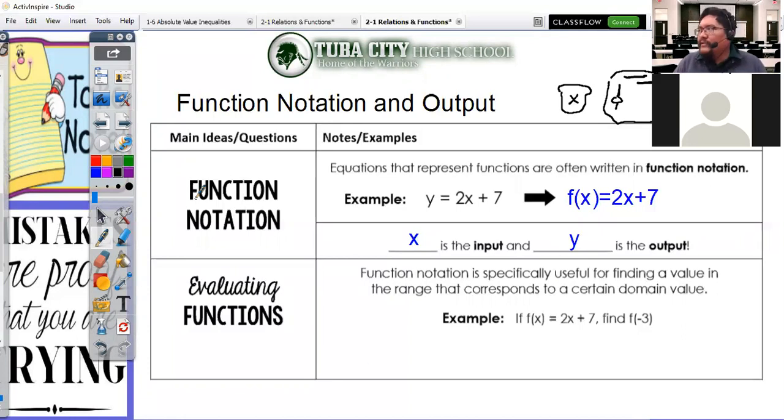I go into the store and I say, I want 3 cans of Pringles. And if they're $1.69, that would be about $5.07. That is the output, the price. I tell them I want 3 cans of Pringles, and they tell me the price. I ask for 3 cans, that's the input. The output is the price.